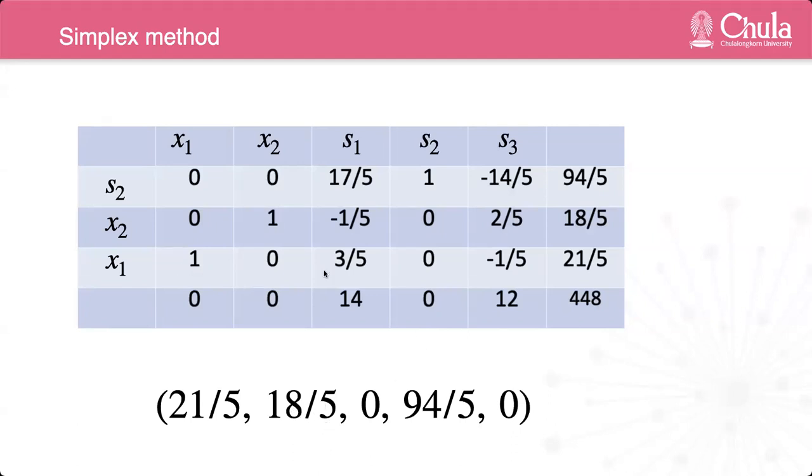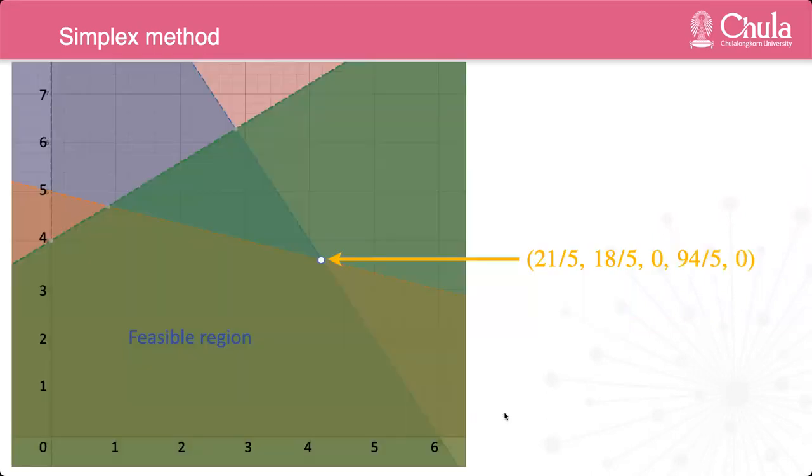Where is x1? x1 here, right? 21 over 5. x2 is 18 over 5. s1 must be 0 because it is a non-basic variable. And S2 is 94 over 5. S3 must be 0. We are at this point. We move from this point to this point, okay?